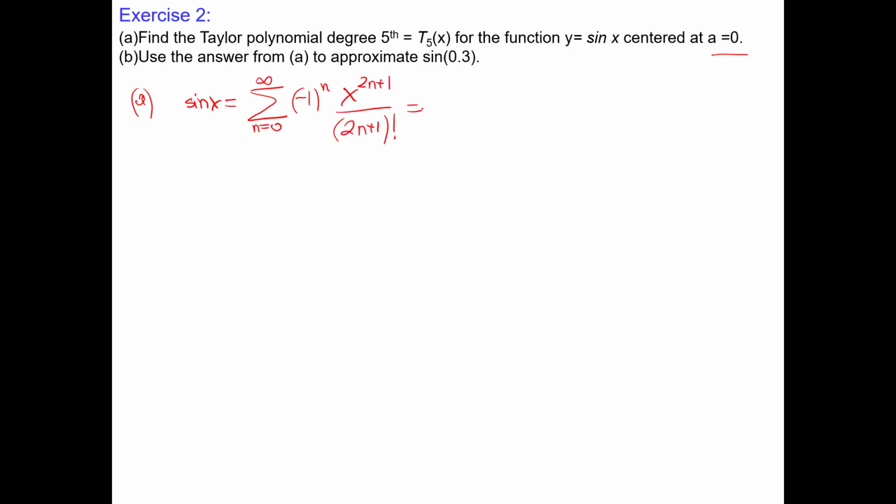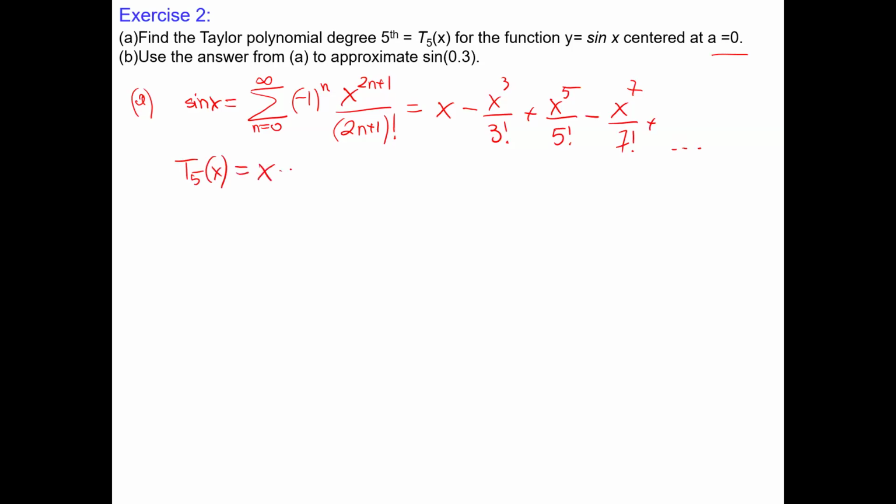Do you remember this? Yes, you do. That means the first term is positive x, if n is 0, and then negative x cubed over 3 factorial, positive x to the power of 5 over 5 factorial, negative x to the power of 7 over 7 factorial, and so on. That's the infinite series.